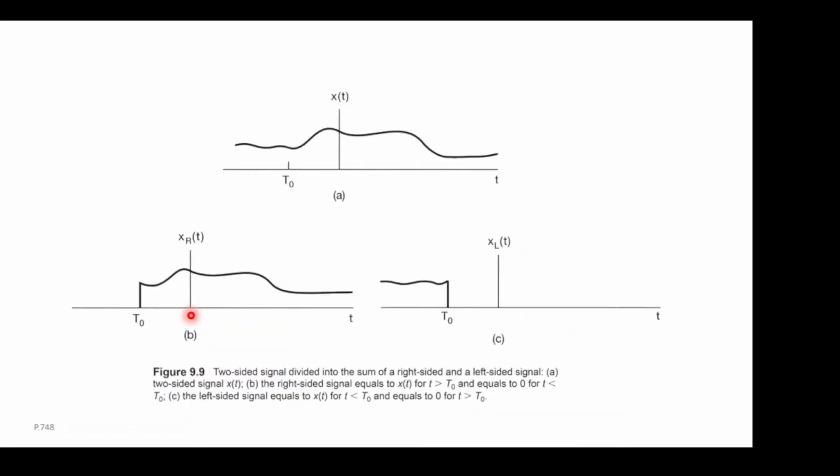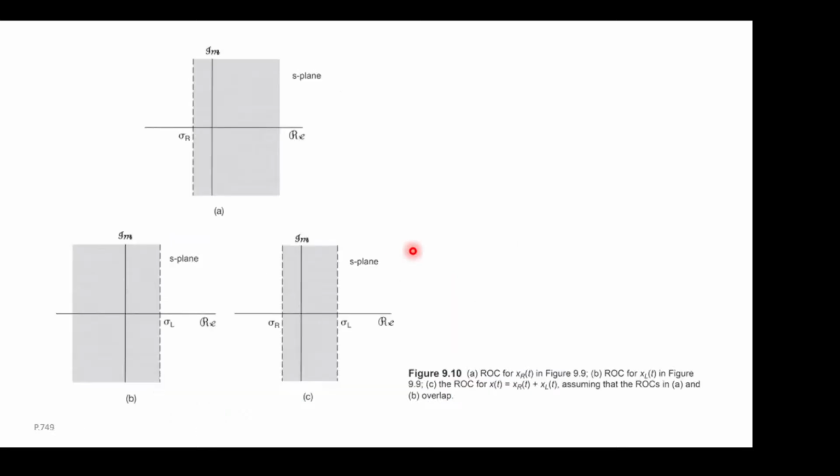Your ROC only needs to have one strip for any function. Anyway, let's see the proof first. So we use the property from before. We have this two-sided function, then we can cut it up into two functions, right? We can pick whatever value t0, and cut it into a right-sided function and a left-sided function. Our original function is the sum of the right-sided one and the left-sided one.